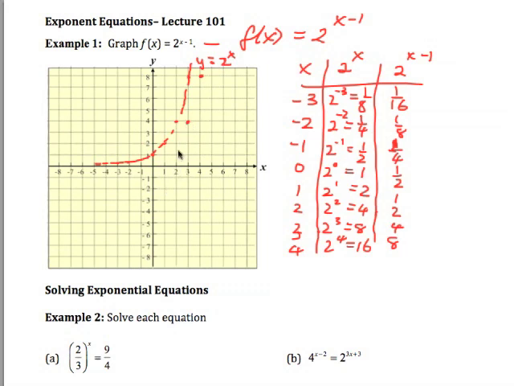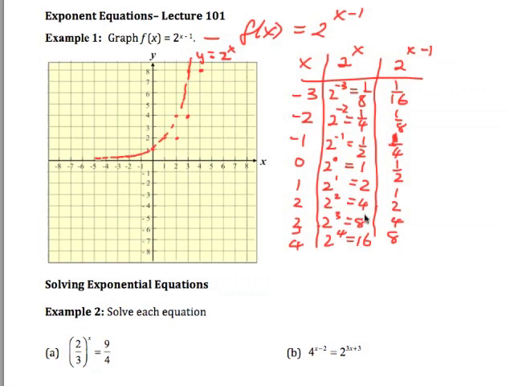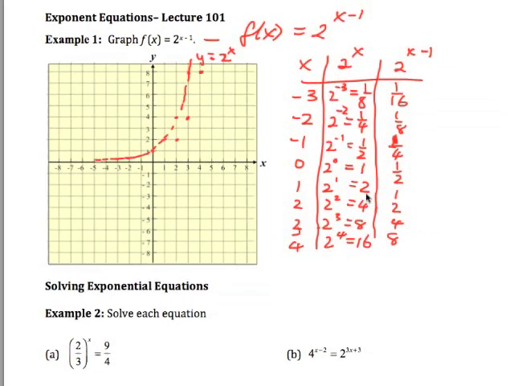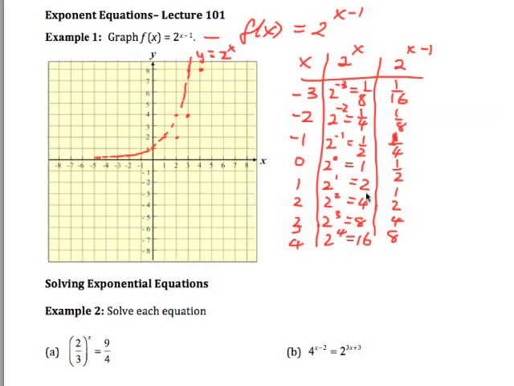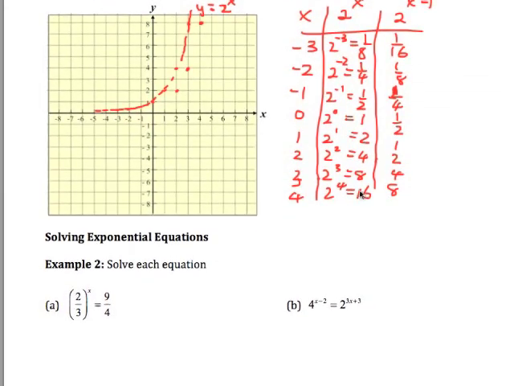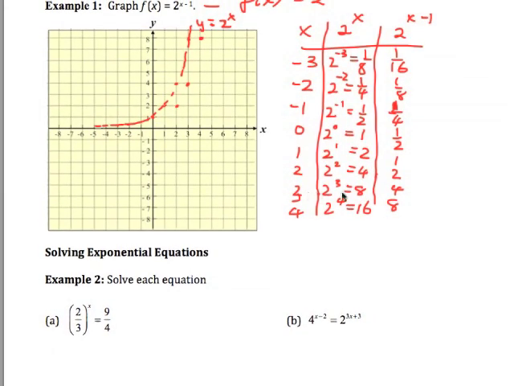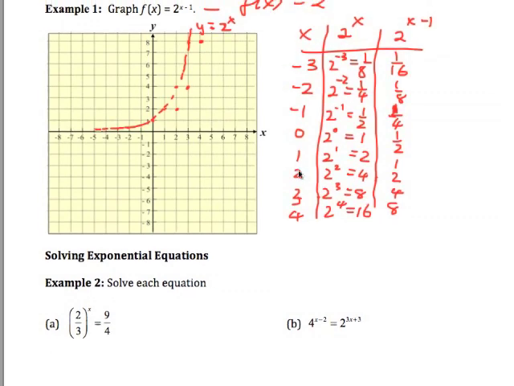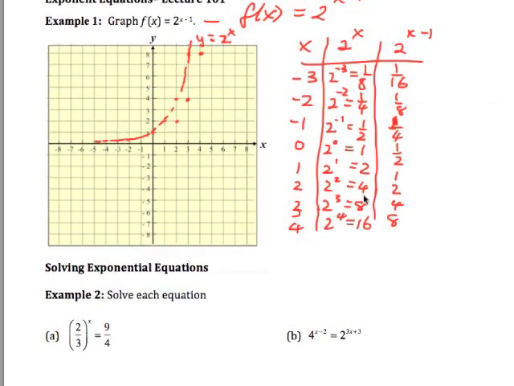When it's 2, we'd get 2. Let's make sure we get this right. So this will be 2 to the 3, this will be 2 to the 2, this will be 2 to the 1.